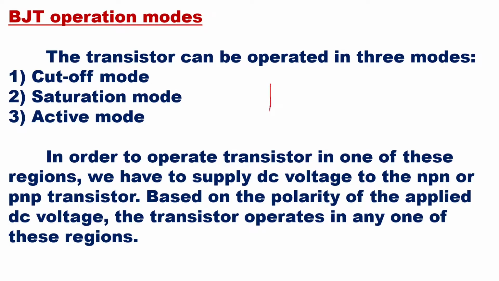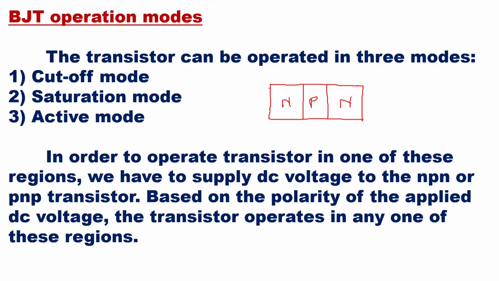Say for example, if you have an NPN transistor, the structure will look like this. Similarly you can also consider a PNP transistor if you want, but we will take NPN as an example.